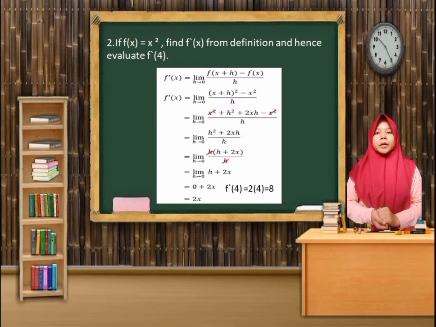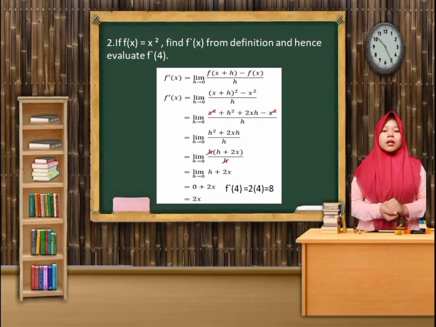For f(x plus h), replace x with x plus h, becomes f prime x equals the limit of (x plus h) squared minus x squared, all over h, as h approaches 0.